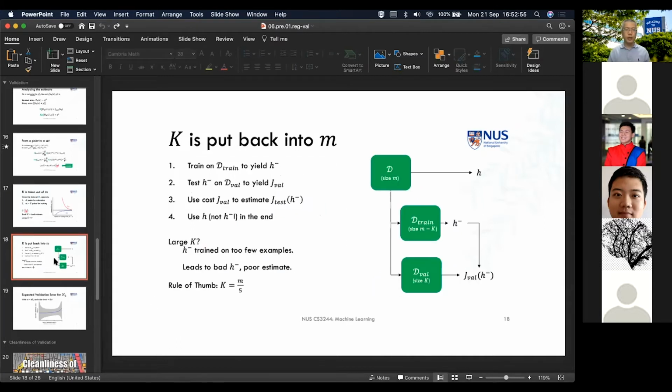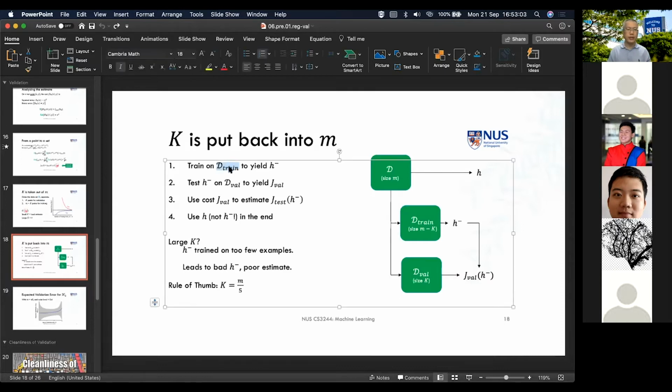Okay, so we can do this several times. We can decide how to split our data into training data and validation data to come up with a validation cost. This validation cost is basically our estimate of our test score. Just to be clear, this H minus is the case.